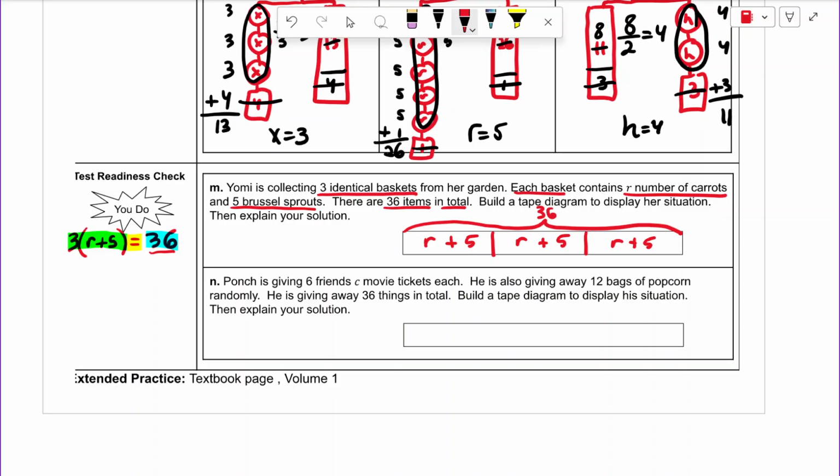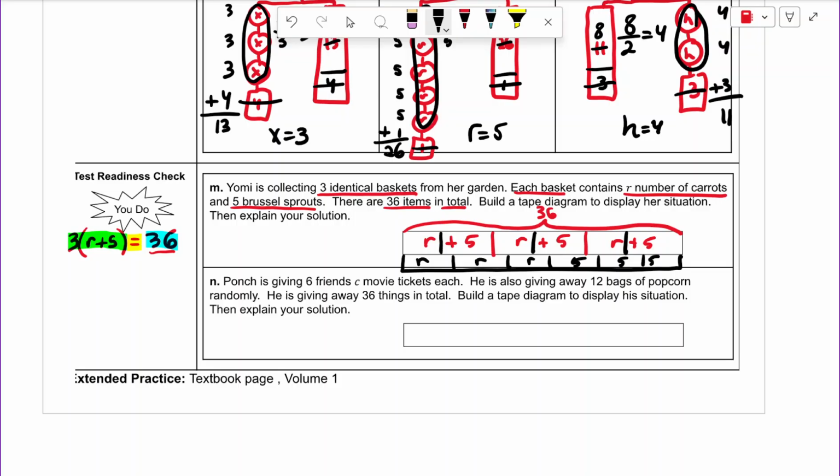If we were to redo this one like we did up above, we would chop these, distribute them or reorganize them, and combine like terms. We have R plus R plus R plus 5 plus 5 plus 5.